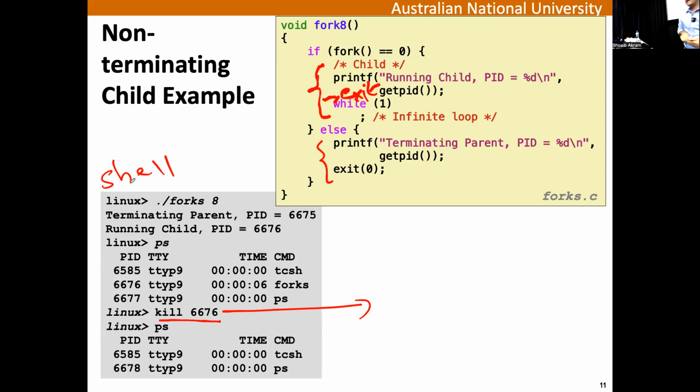Terminal is an application that gives you an interface to the shell. But you can think of them as the same. It's an application that lets you run other programs on your behalf.